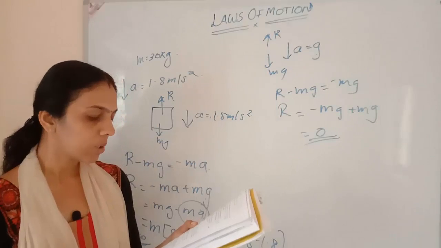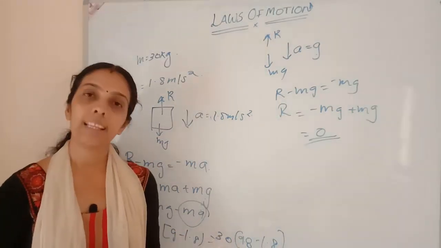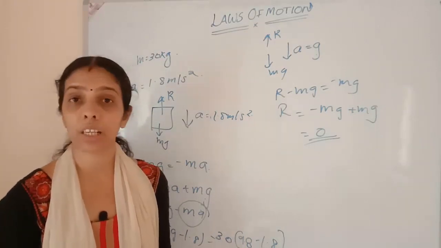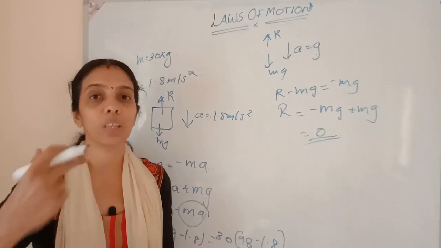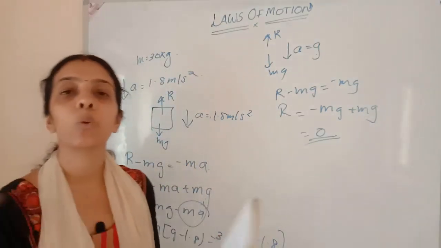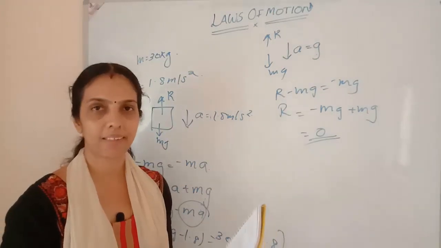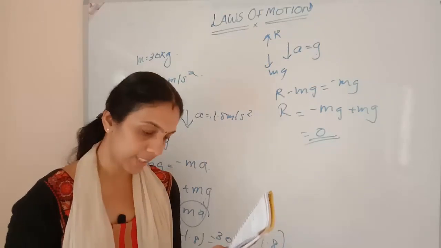Why can't a horse pull a cart in empty space? In empty space, there is no reactional force. For action and reaction to happen, they should act on different objects, then only we can move, right? So for an action, there is no reaction in empty space. So the horse can't pull the cart in empty space.